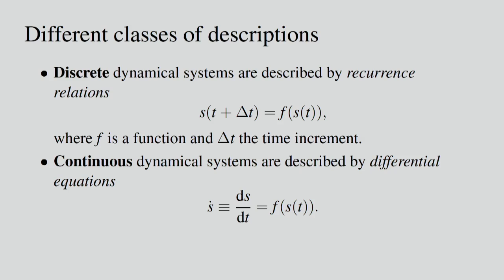So here you see on this first equation that the evolution of S at a time t plus delta t, where delta t is a finite number, is equal to some function of S. And f is any function. Then we also have the continuous dynamical systems, which are described through differential equations. So we see in this second equation that the time derivative of S is given again by a function f of S.